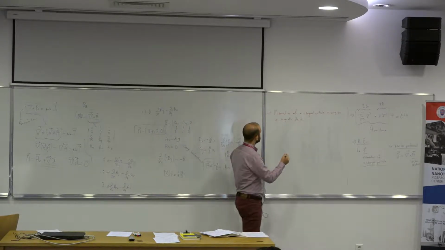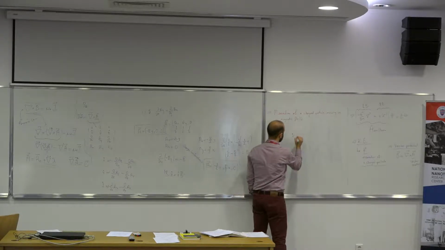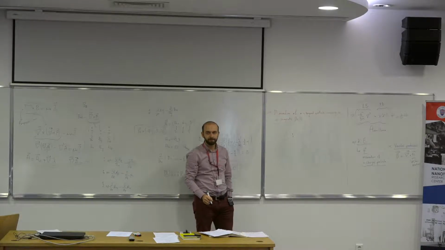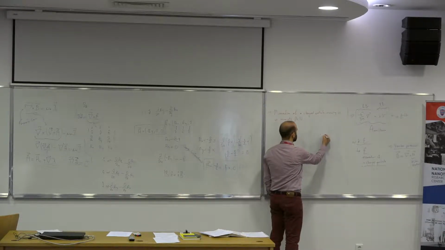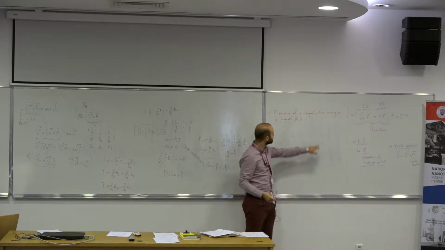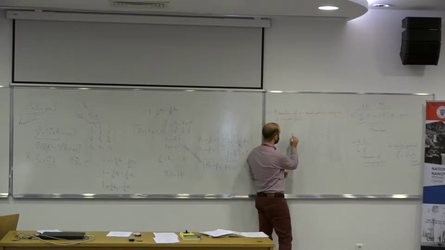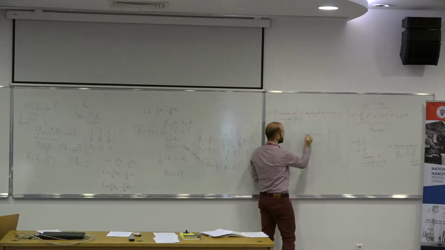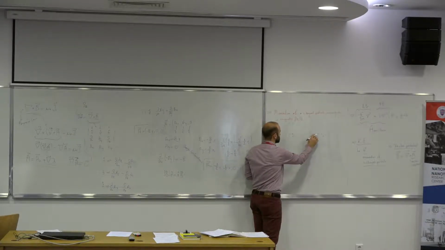So basically what I'm asking is, let's say I have an electron here, okay? And if I put another electron all of a sudden to this point, then there will be repulsion between these two electrons.